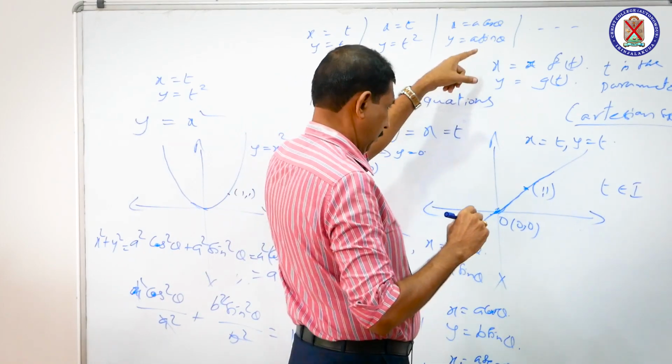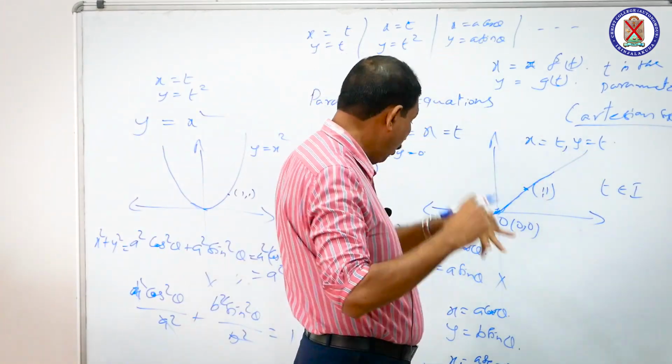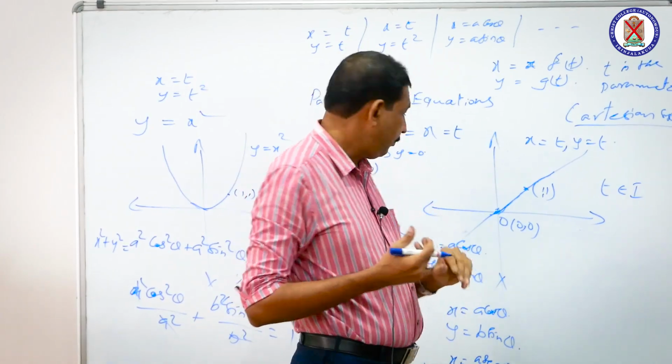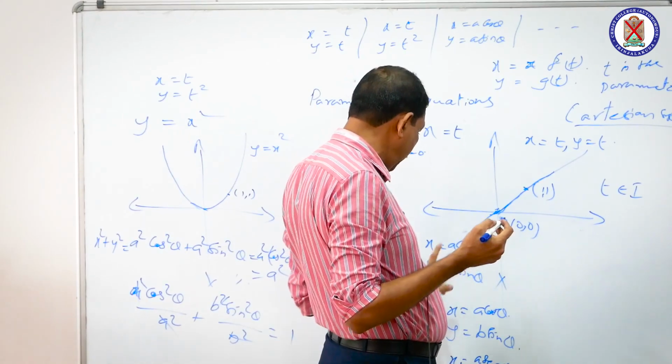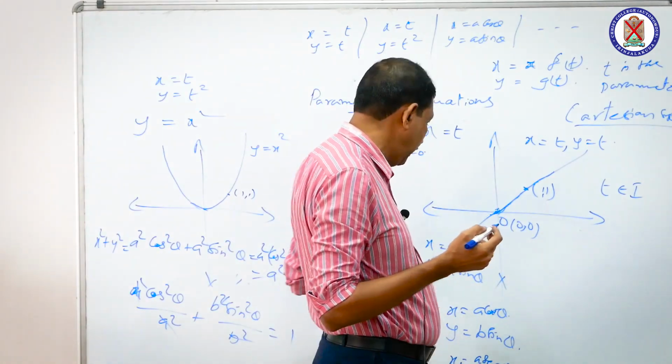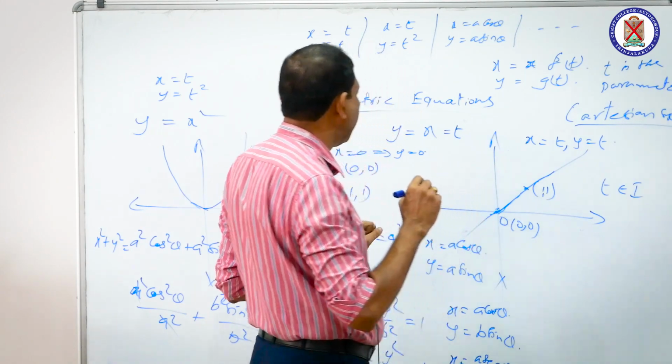Here, usually we will use t notation, but theta is also a notation. Otherwise we can write it as x equal to a cos t, y equal to a sin t, and so on. Therefore, this is the parametric representation.